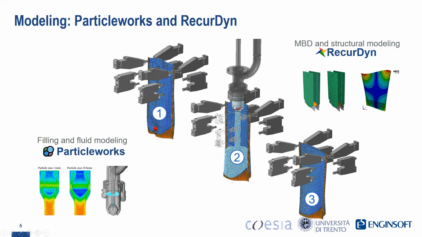So we have a coupled simulation between Particleworks and RecurDyn, and of course there is a two-way influence between the fluid position and the flexible pouch position. And at the end, after the movement and the sloshing, we have also the closing analysis of the pouch. So this is the process we will analyze.